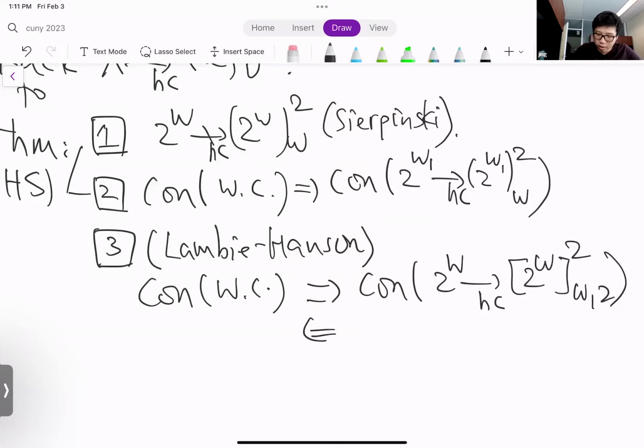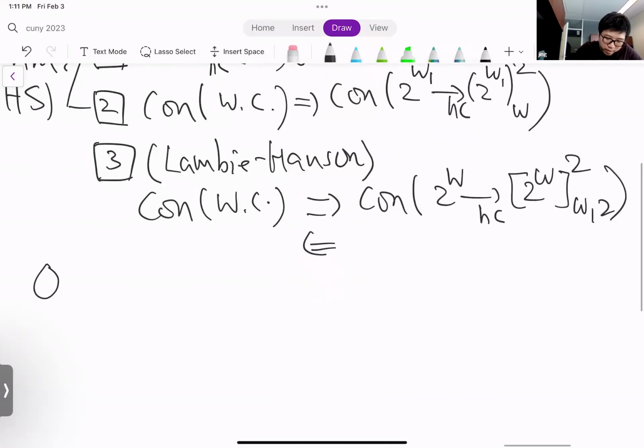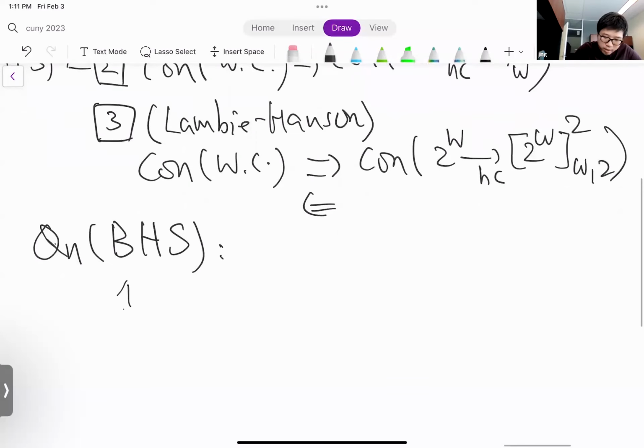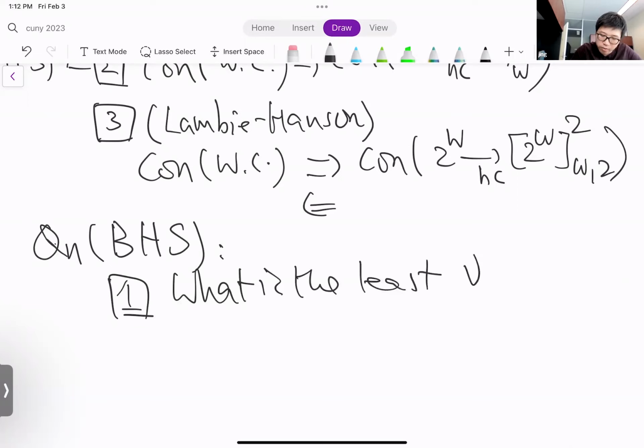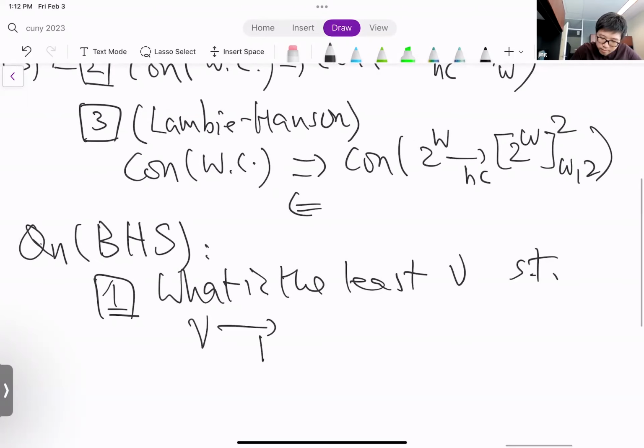let's go to the questions asked by these authors in their papers. Bergfalk, Lambie-Hanson, and Shelah asked the following question. What is the least ν such that ν arrows HC ν to omega can hold?